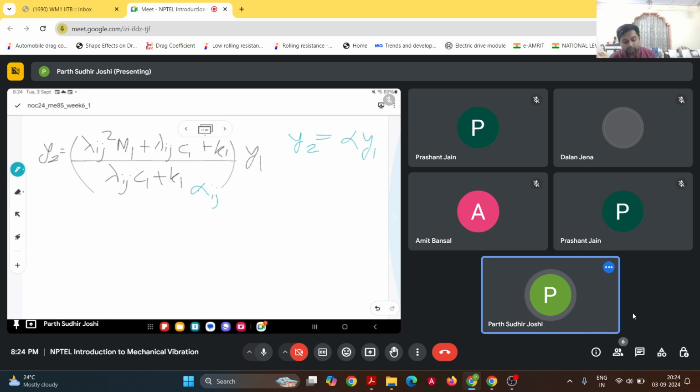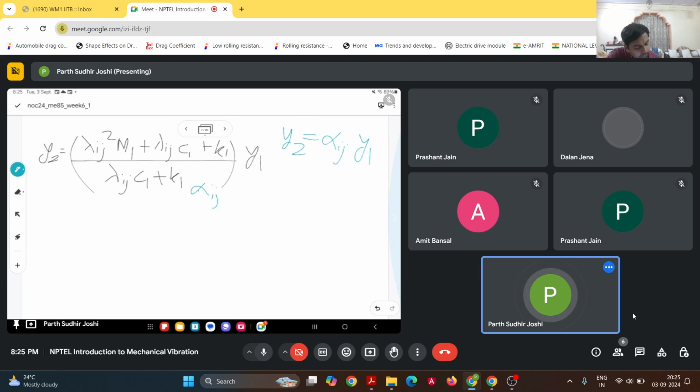So it will depend on the ij index, right? So this is like some alpha ij y1. That alpha ij will depend on whichever ijth root that we are referring to.